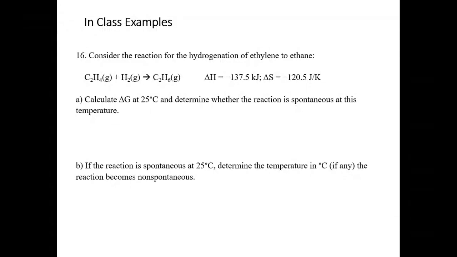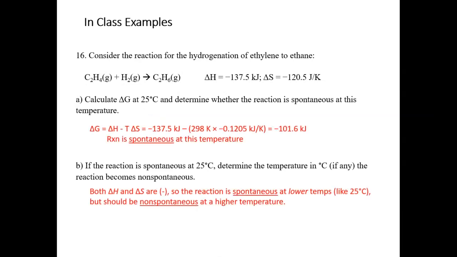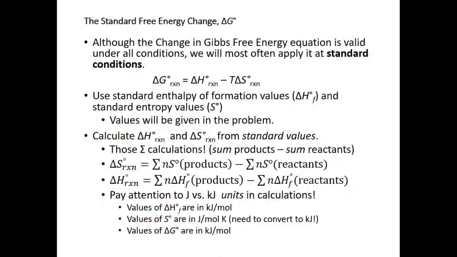So you can't predict, can you? What do you suspect the spontaneity of this would be at low temperature? Should be spontaneous. Delta G should be negative. We go to higher temperatures, should have positive delta G. It should get non-spontaneous. You guys can prove that to yourselves by practicing this number 16, okay? I'm not doing that with you guys right now. We're moving on.